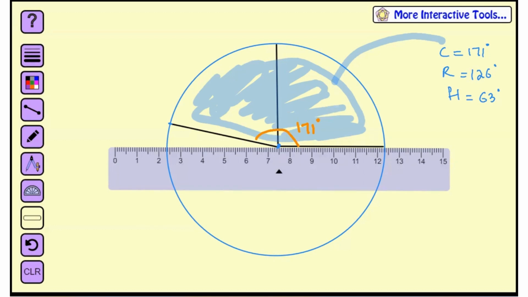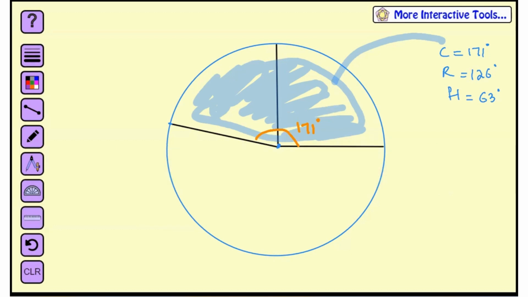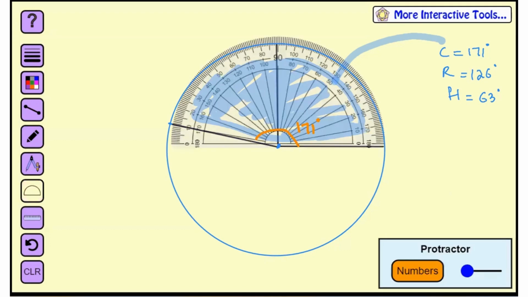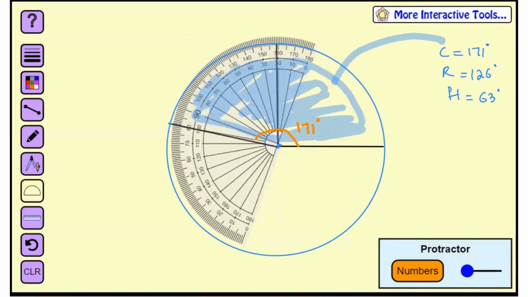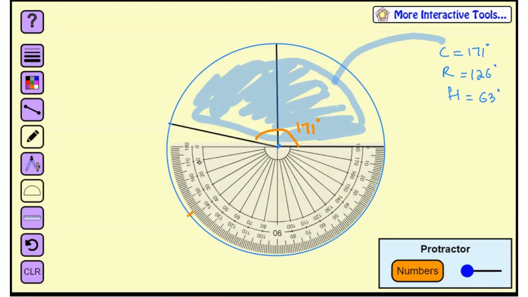Now for the other ones, 126. Going back to the protractor and seeing where 126 will go. 126 is going to be this one.